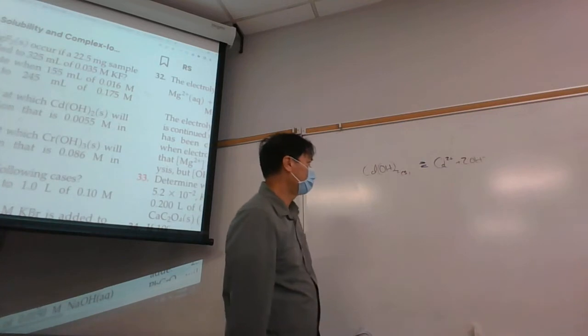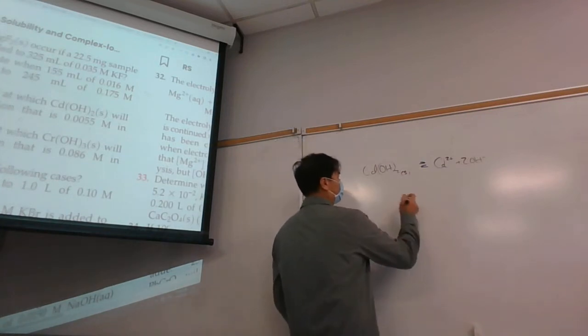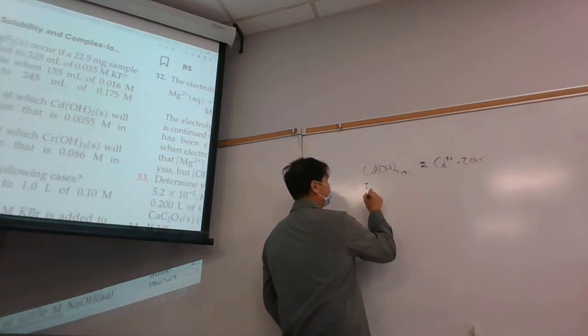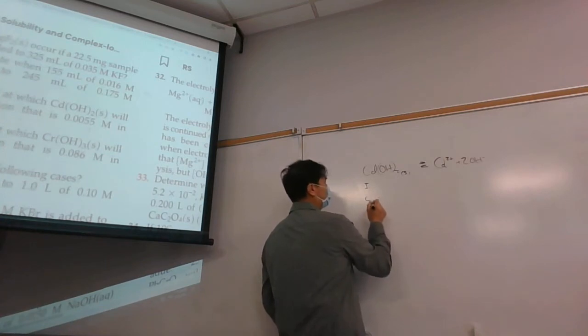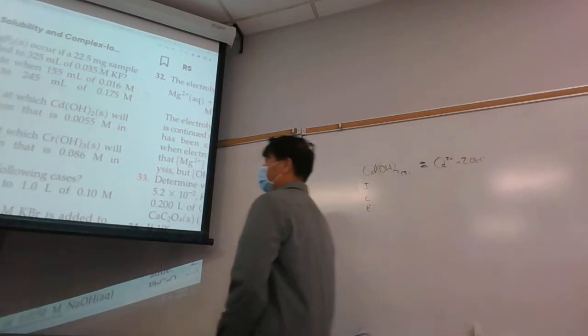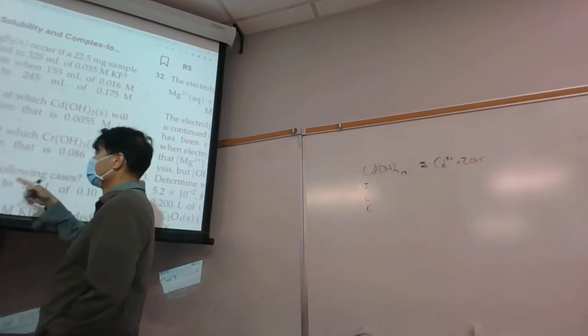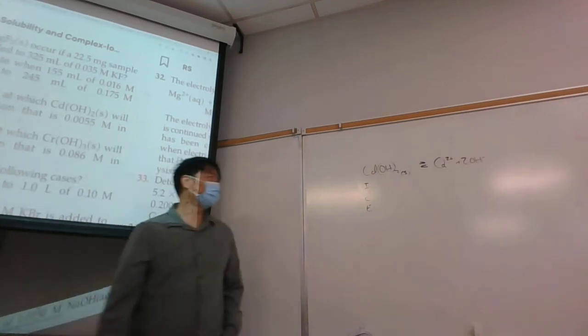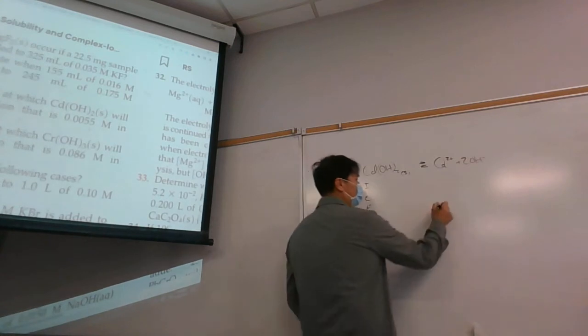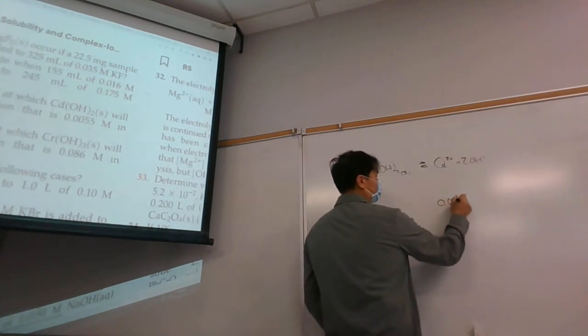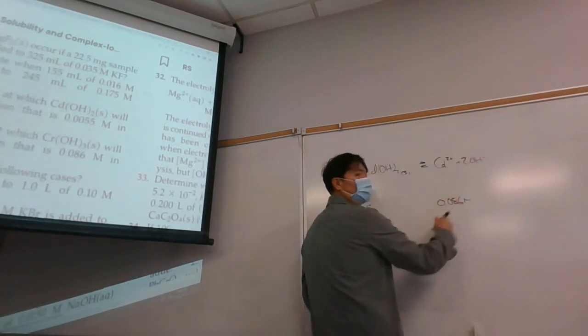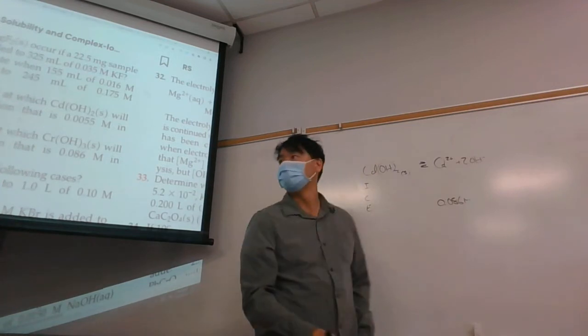And what we're going to do here is we want to saturate the solution. Sometimes it's confusing because, where do we put the 0.086 molar chromium 3 plus? We don't want any of that to precipitate, so that has to remain at equilibrium. I think you're looking at number 30.